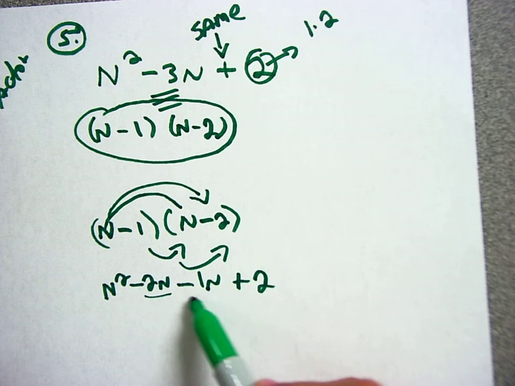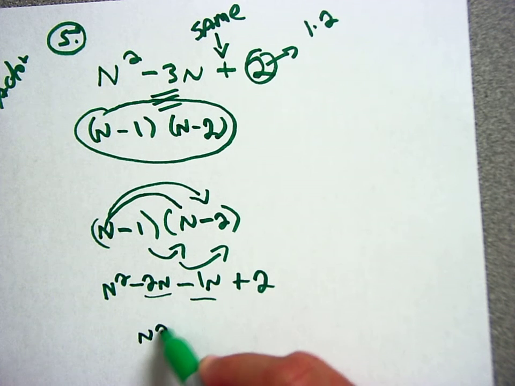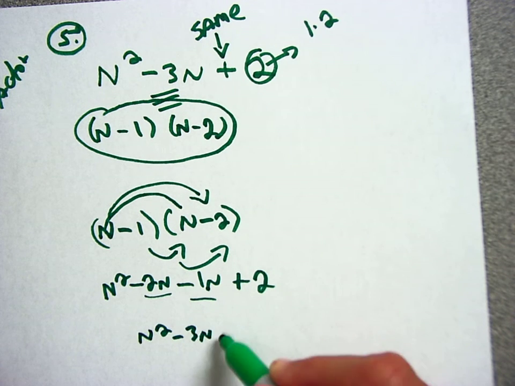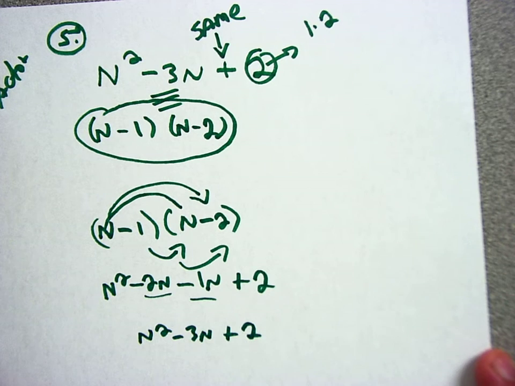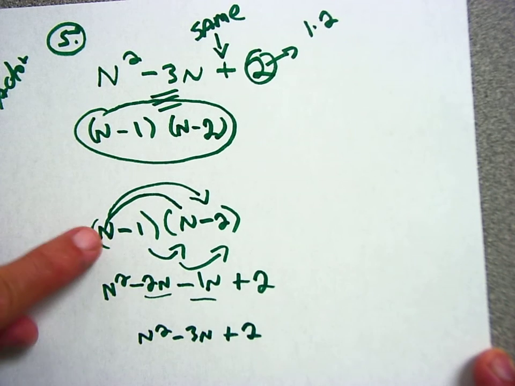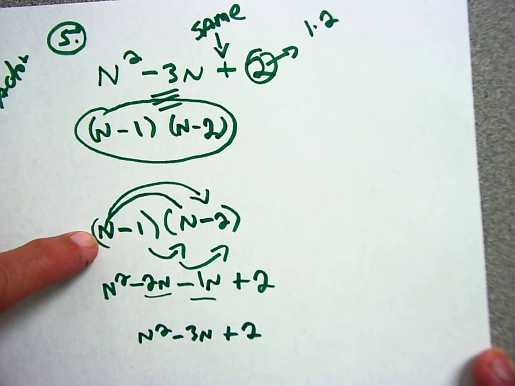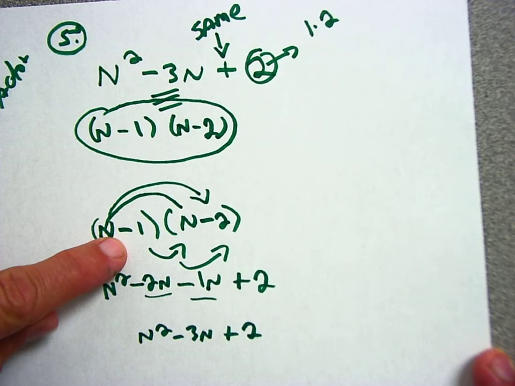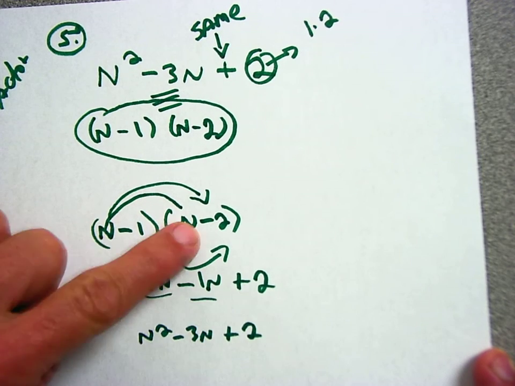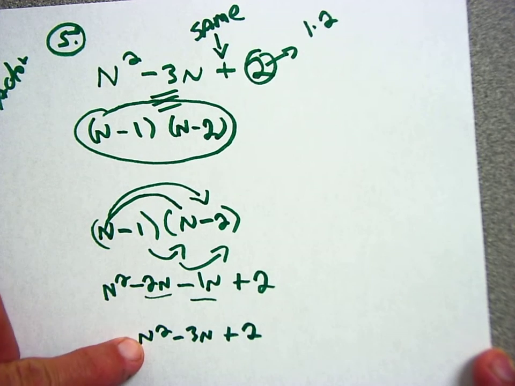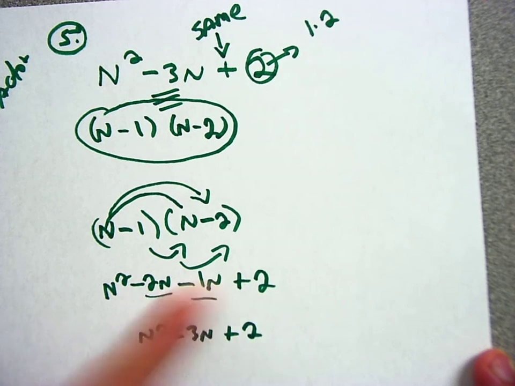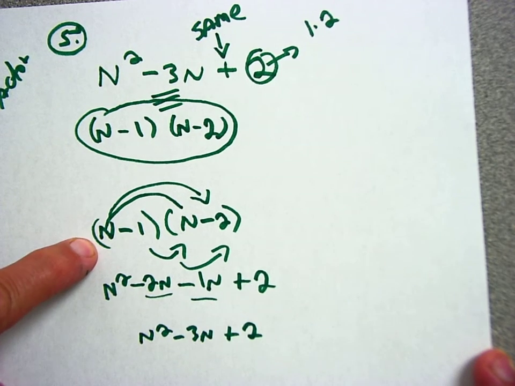And then when you combine the middle, look, you finally get n squared minus 3n plus 2, which is what we started with, okay? You guys have heard FOIL before too. I just call it double distribute, but it is FOIL. If you took that and worked it out, you get this. We're giving you the answer first, the trinomial first, and you're going backwards, okay?